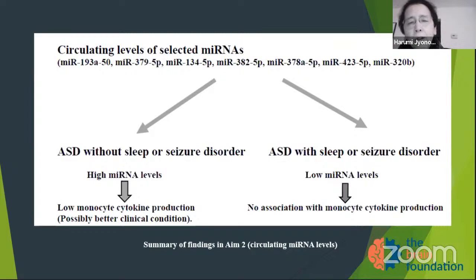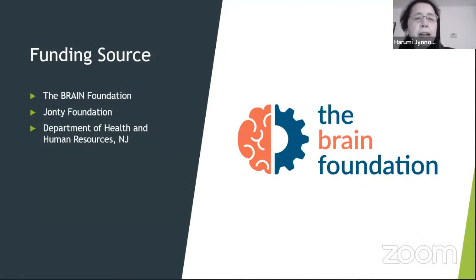Maybe we can't completely say that, but our data show that low microRNA means a higher monocyte cytokine profile. So I thought there might be something else retaining this high monocyte cytokine profile. Okay, so this is the progress report of the project funded by the Brain Foundation.